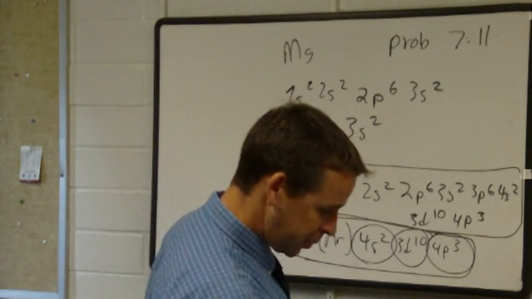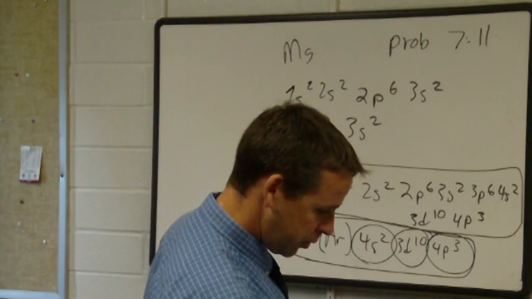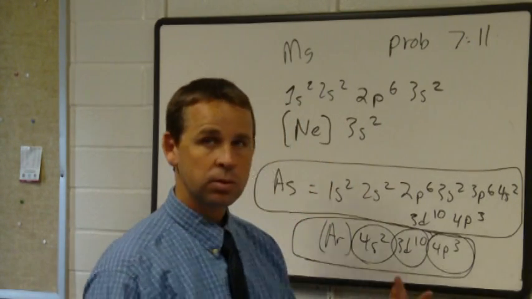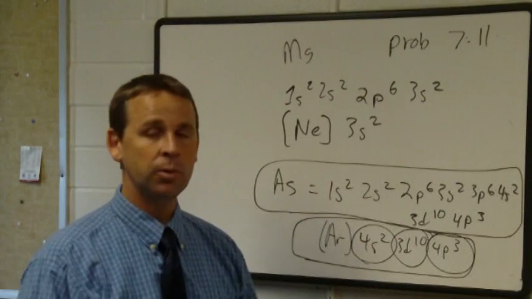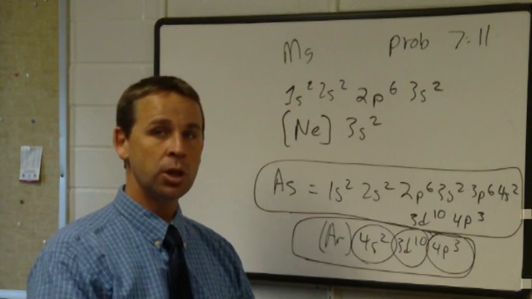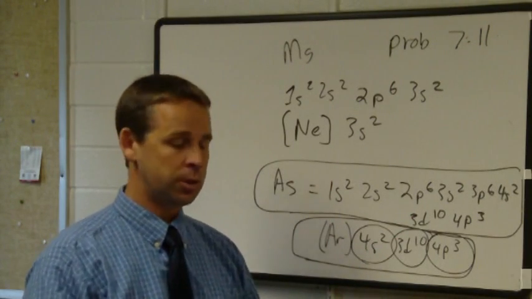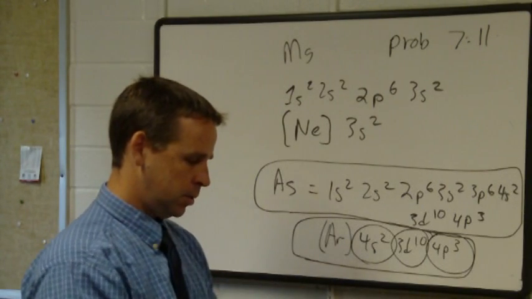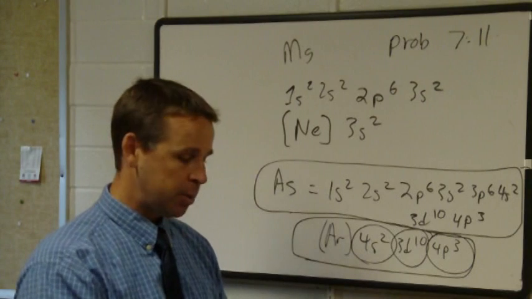So, it seems like the only one that follows our understanding of how electrons fill up orbitals and how the nuclear charge changes and how the effective nuclear charge changes is the one that says going from left to right, the nuclear charge increases. That makes sense.